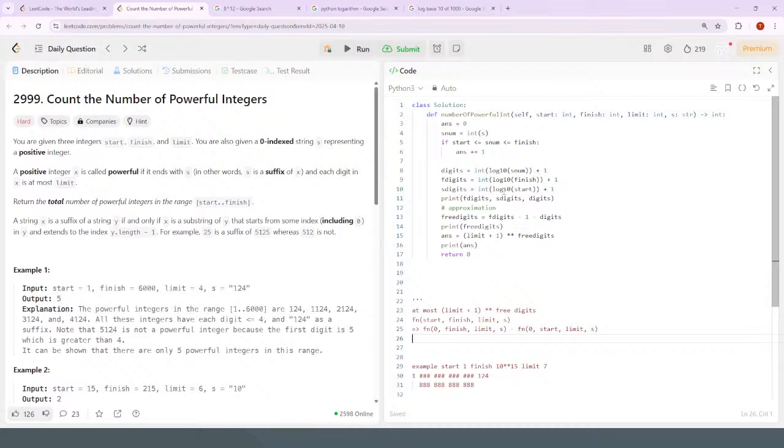So I can not worry about start as an issue. I can just worry about getting finish. So from 0 to finish, how many powerful values are there?